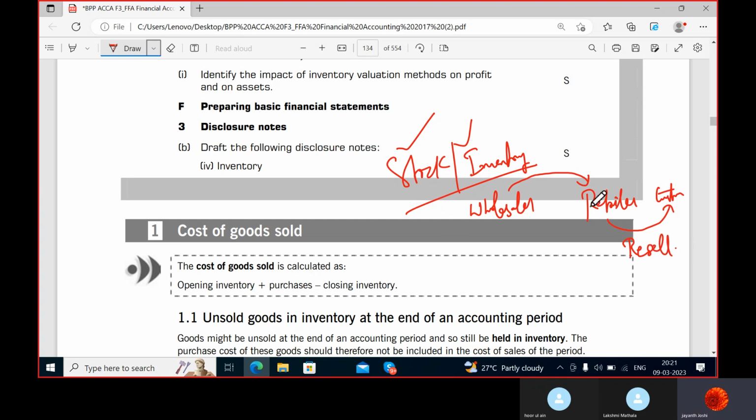What has retailer purchased from wholesaler? What has retailer sold to the customer? Suppose retailer bought a box from wholesaler for 100 rupees and sold this box to customer for 120 rupees. How much profit did the retailer make?